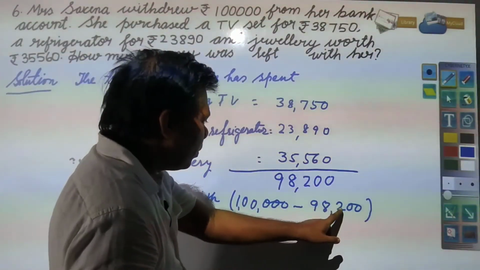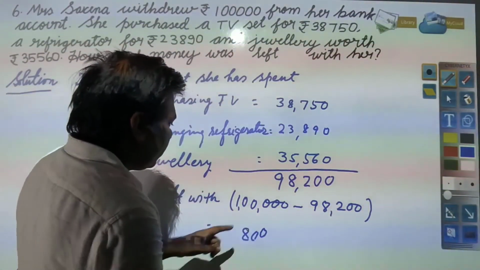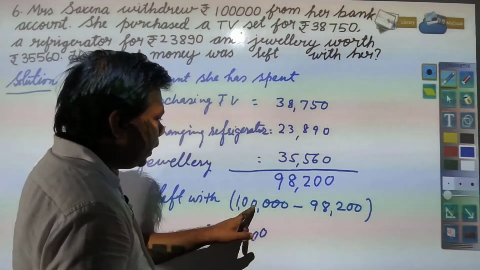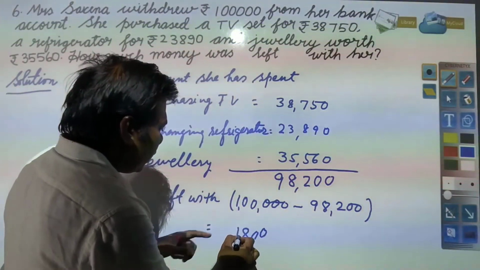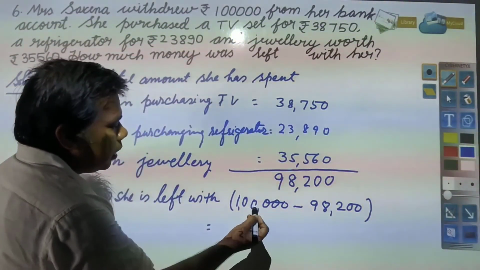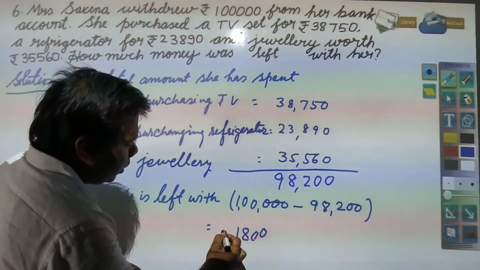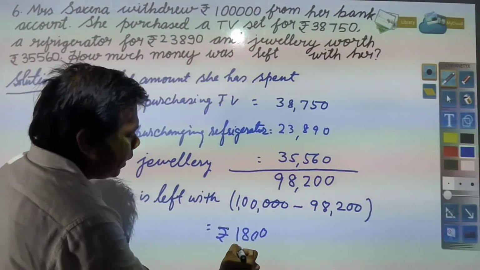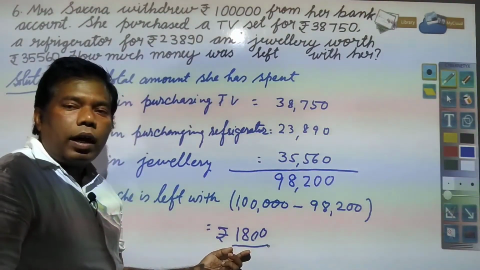So 10 minus 2 you will get 8, and 9 minus 8 you will get 1, and 9 minus 9 is equal to 0. It means 1800 rupees. So rupees 1800 she is having now.